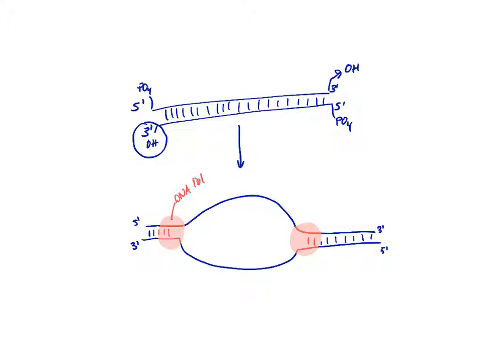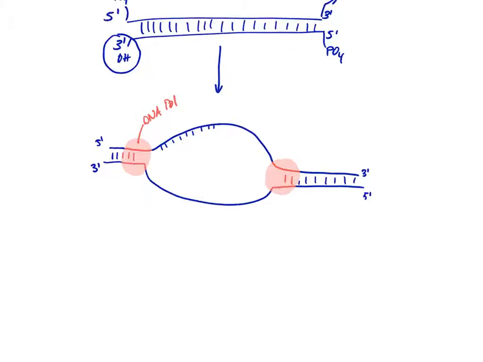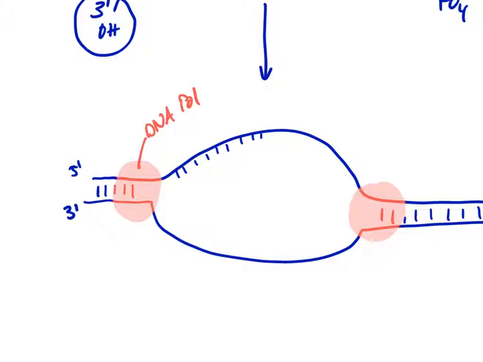So you have your DNA template. It kind of looks like this, right? Now this is again 5', 3'. So this end over here is actually 3'.